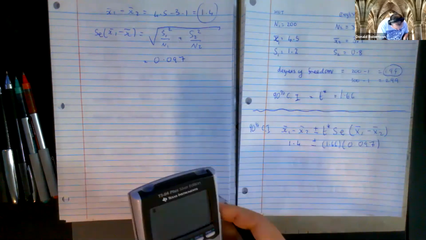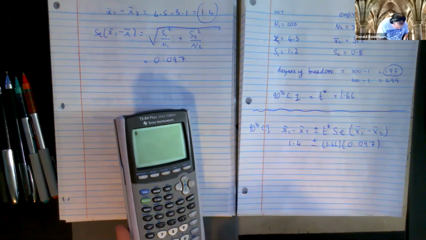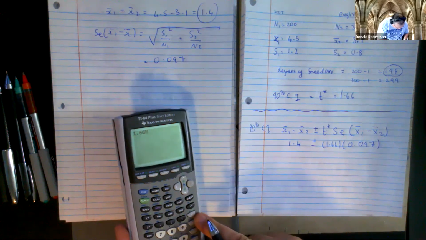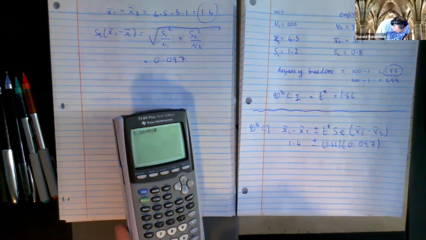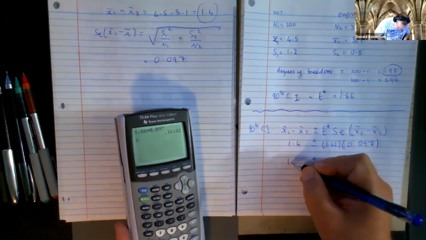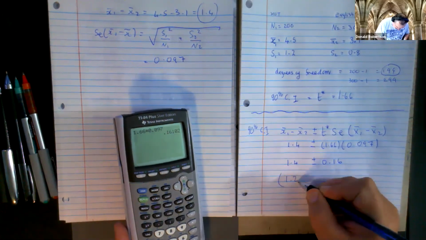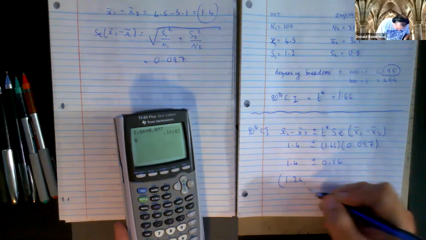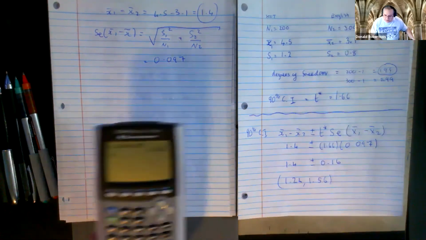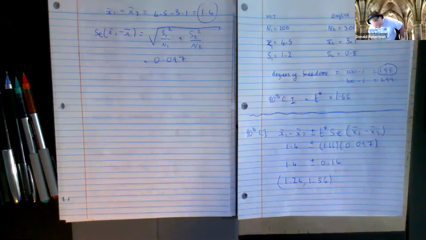And the answer I got was 1.66 times 0.097, which comes out as plus or minus 0.16. And on one side it's 1.24, and the other side it's 1.56. So that's our 90% confidence interval for the difference between Scottish and English drinkers.